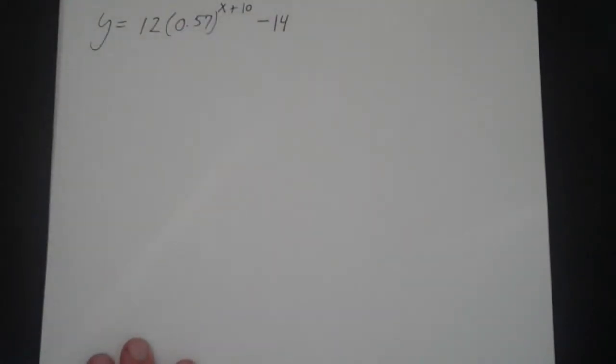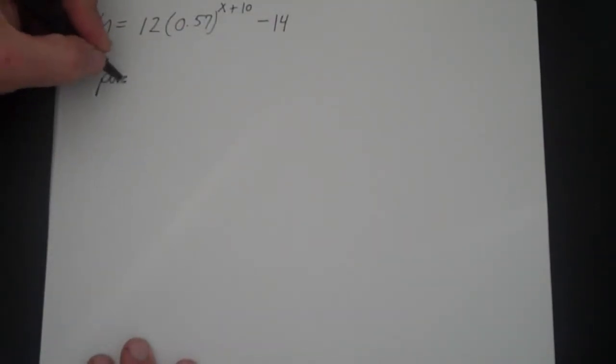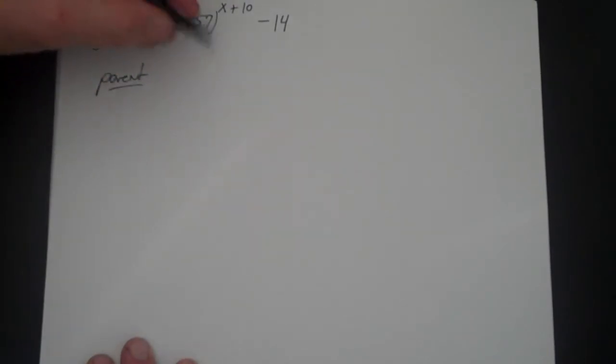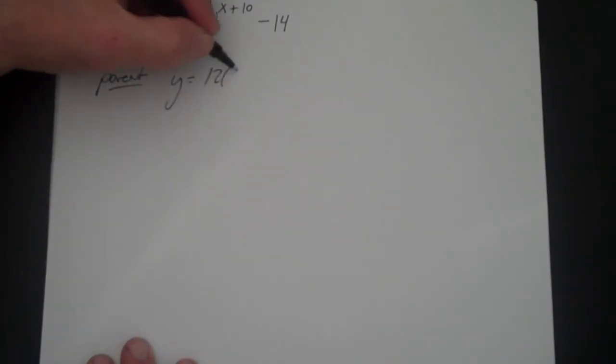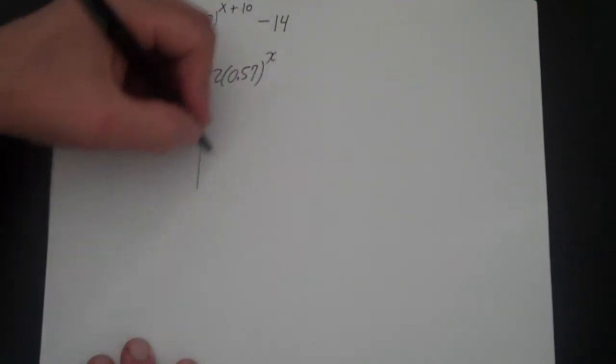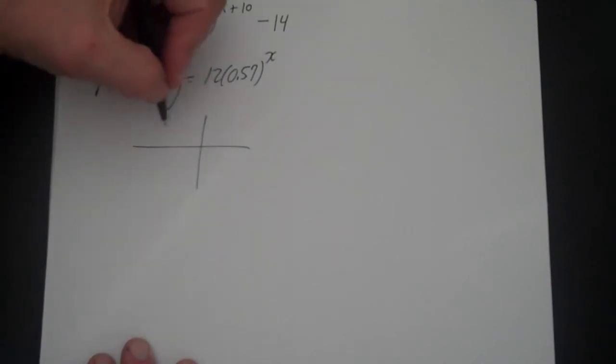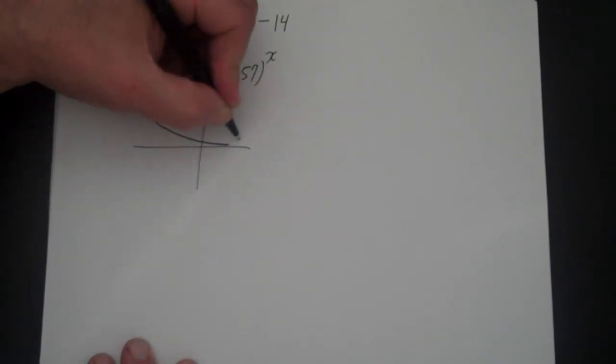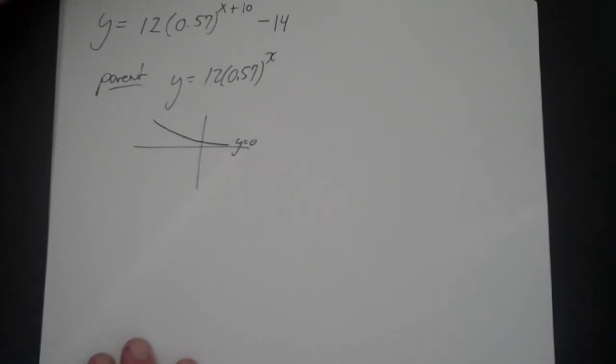Let's look at another problem. y equals 12 times 0.57 to the x plus 10, minus 14. The parent function, y equals 12 times 0.57 to the x, is a simple exponential decay function. It looks like this, where the asymptote starts out at y equals 0.